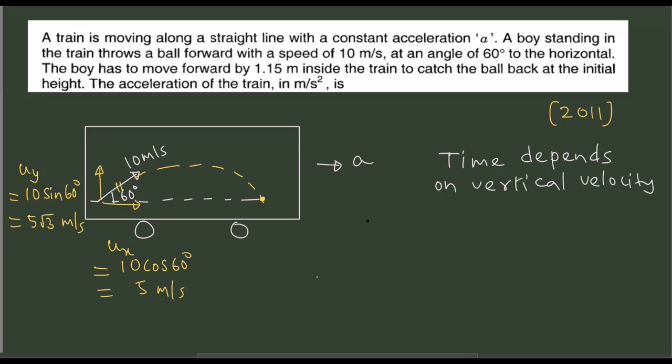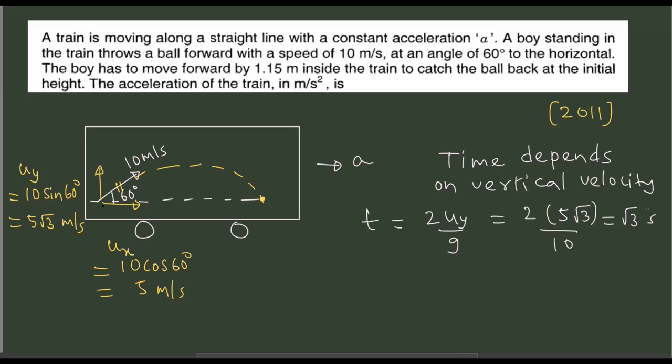So can I say the time of flight is simply 2 times uy by g? Time to go up is velocity by acceleration. So I'll get 2 times the vertical velocity 5 root 3 by g, which is 10. So that means the time of flight is root 3 seconds.